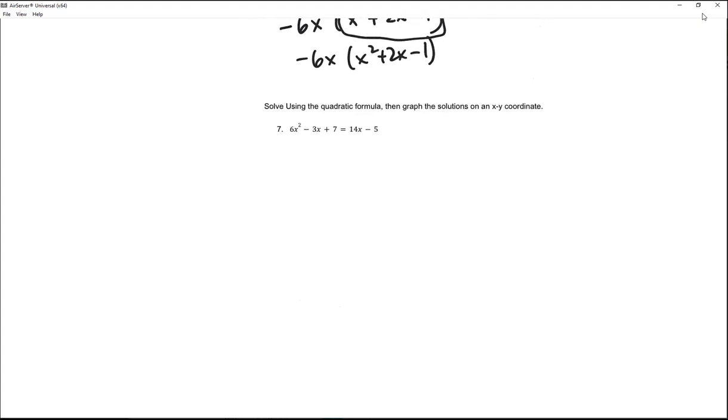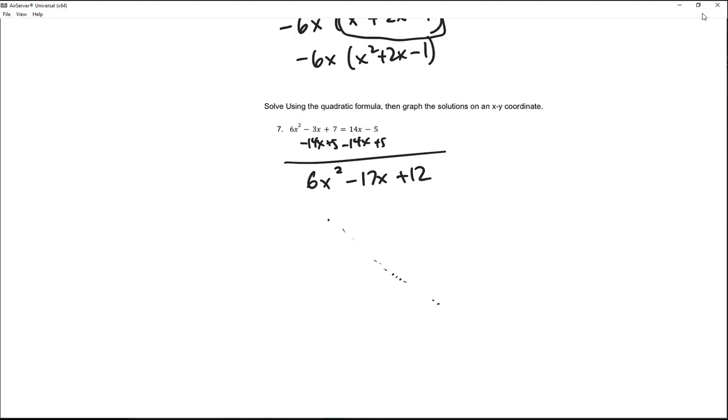Number 7 is you put it in standard form, so subtract the 14x. Let's add the 5. Remember, make every quadratic equal to 0. So 6x squared minus 17x plus 12. And then you do the, oh, sorry, this is not x method. You do the quadratic formula, right?